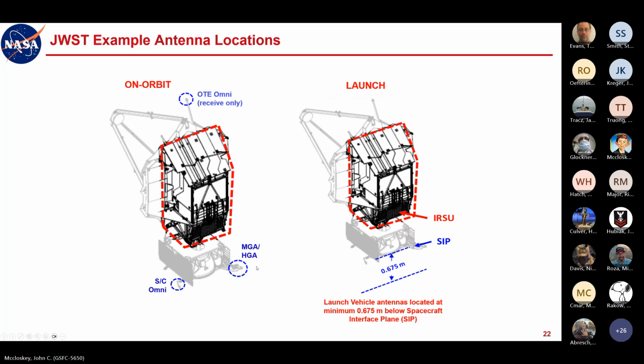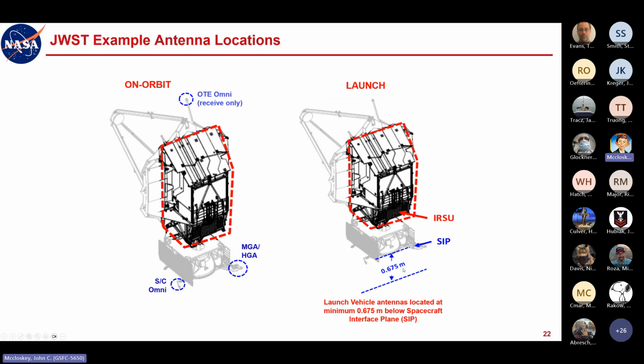And then in the launch configuration, the launch vehicle antennas are, at least you've got to look at how your launch vehicle provider specifies this. Here the JWST was on an Ariane 5, so the Ariane 5 user's guide specified with those RE limits that they were to be measured 675 meters, 675 centimeters.